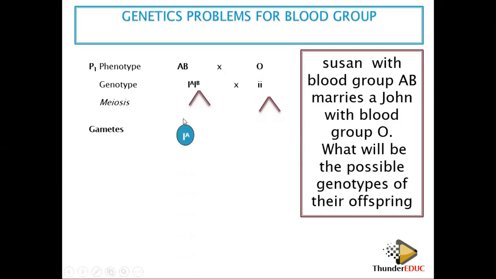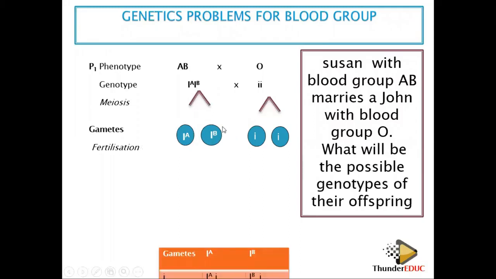The first one is your allele A, then B. The A is from here, and then B comes here. Then the O alleles divide, one from here and one from there. So they form four gametes. After that, fertilization must take place.